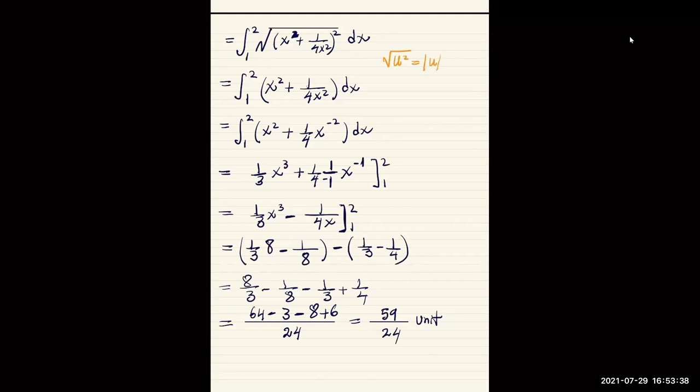So you might say there should have been an absolute value here. You're absolutely right. But we don't need the absolute value if u is already positive.